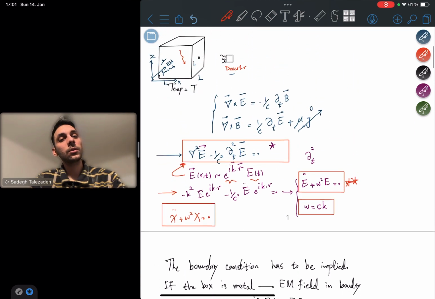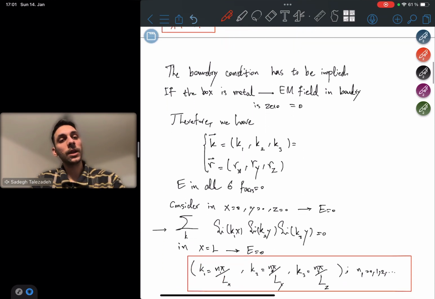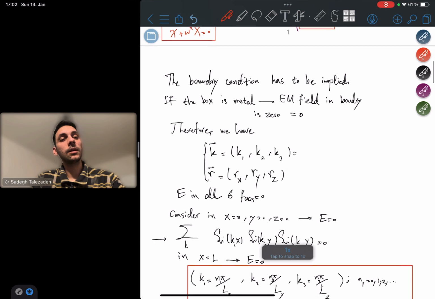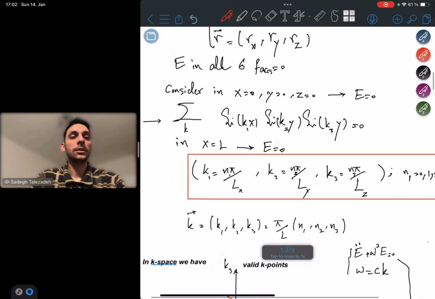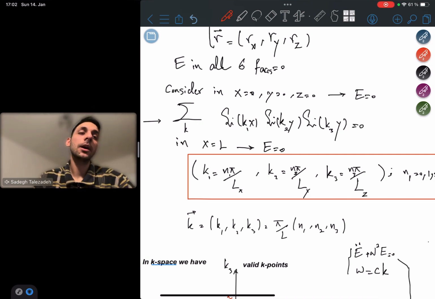So if we consider our box made of metal, we have boundary conditions, and we can apply these boundary conditions and find these modes or frequencies. If the box is made of metal, the electric field at the walls of this box would be 0. Therefore, on the 6 faces of this cubic box it would be 0, and we apply this for different positions of x, y, and z.